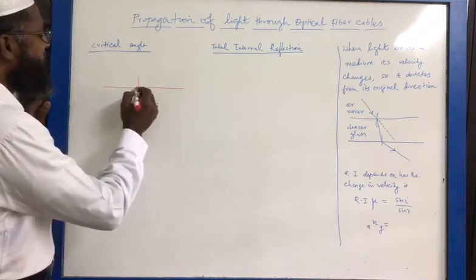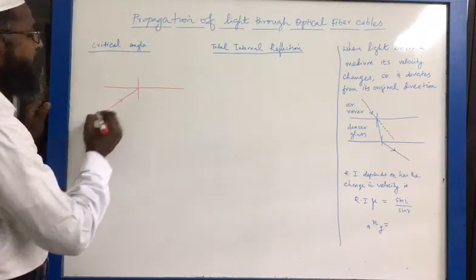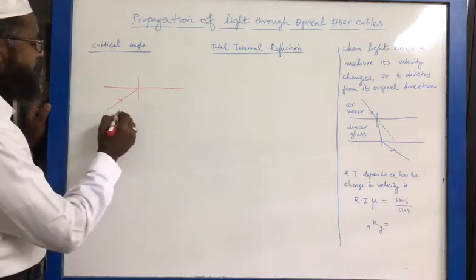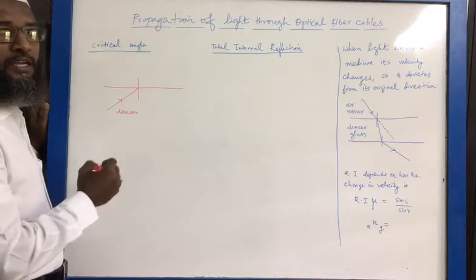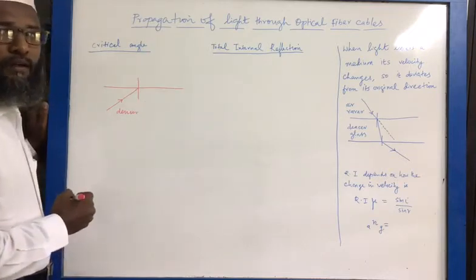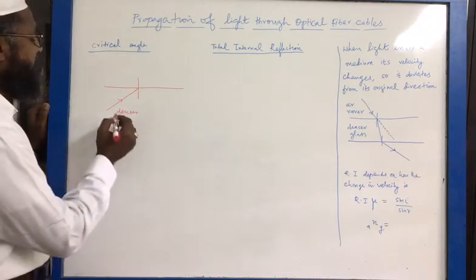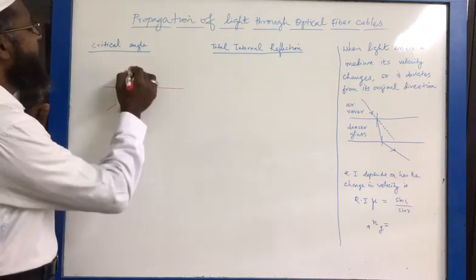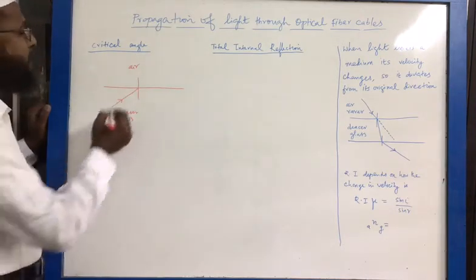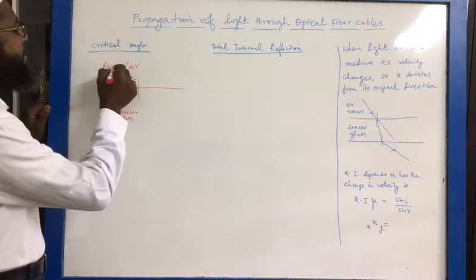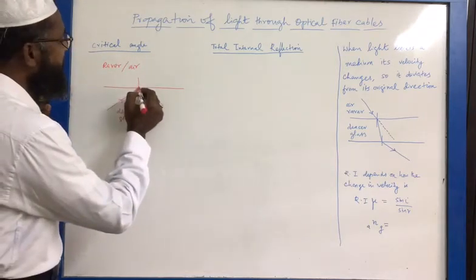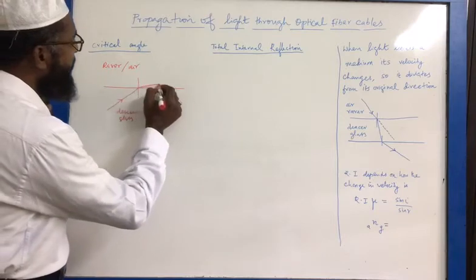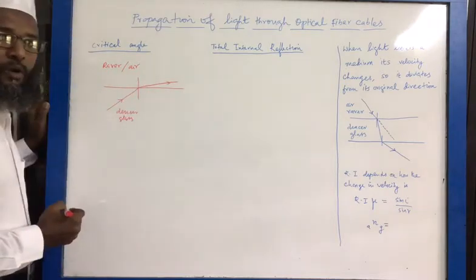This is the normal and this is the light ray that enters into a denser medium. From denser medium, the light ray is moving into a rarer medium, like let's understand from glass to air. So air is the rarer medium. Now the light ray bends away from the normal due to the change in velocity.